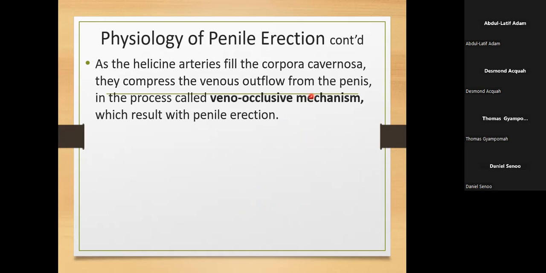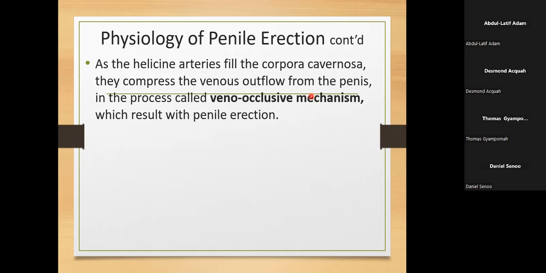So as I said earlier, when the arteries, and for this matter the helicine arteries, are filled with blood in the corpora cavernosa, and I'm sure now you know these are the erectile tissues in the penis, they compress upon the venous outflow.